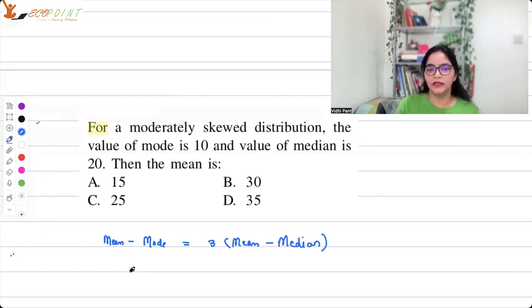So this means that mode is equal to 3 times median minus 2 times mean.